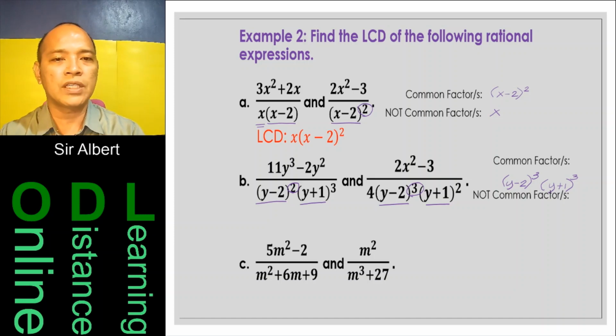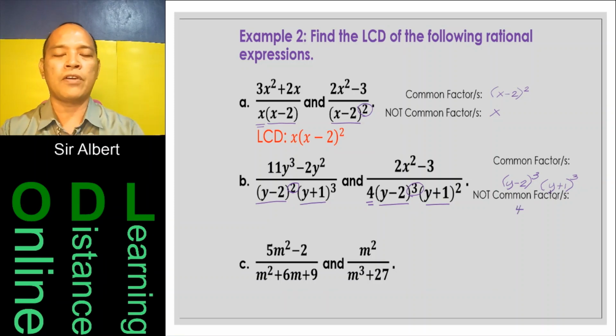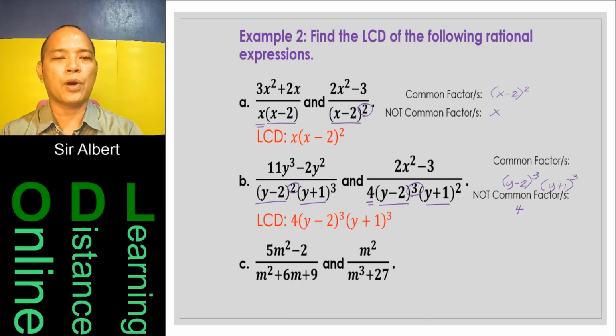In both of these denominators, we would see that there is a factor of 4 in the second denominator, but we don't see it in the first denominator. So we say that 4 is a not common factor. Combining the common and the not common factors, we then get the LCD, which is going to be 4 times the quantity y minus 2 cubed times y plus 1 quantity cubed.